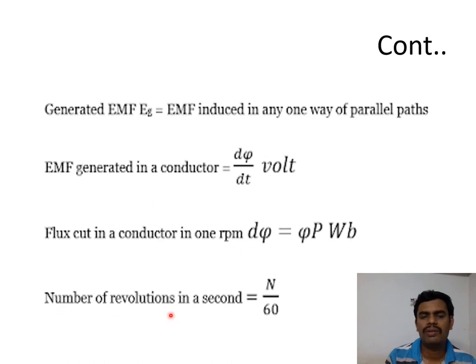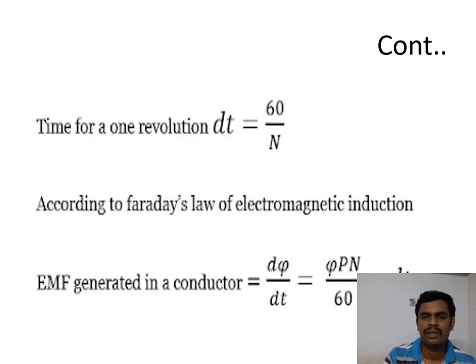The number of revolutions in 1 second is N by 60, so the time for one revolution is 60 by N. Therefore, according to Faraday's laws of electromagnetic induction, the EMF generated in a conductor is d phi by dt, where d phi is equal to phi P and dt is equal to 60 by N. Therefore, phi P divided by 60 by N is equal to phi PN by 60.